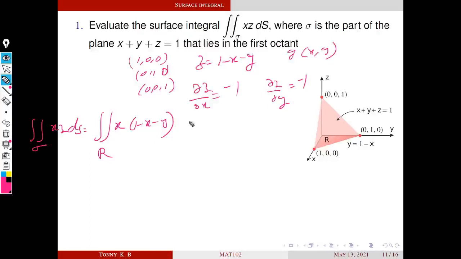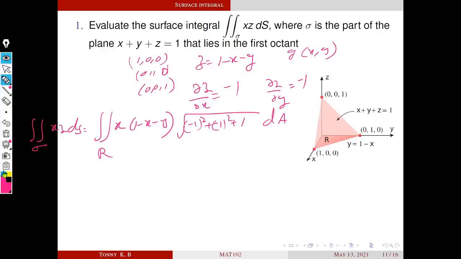The next one is the square root of (∂z/∂x) squared, that is (minus 1) squared, plus (minus 1) squared, plus 1. So this is the term, dA. Now this is our ordinary double integral. We have to integrate this function on the region R.